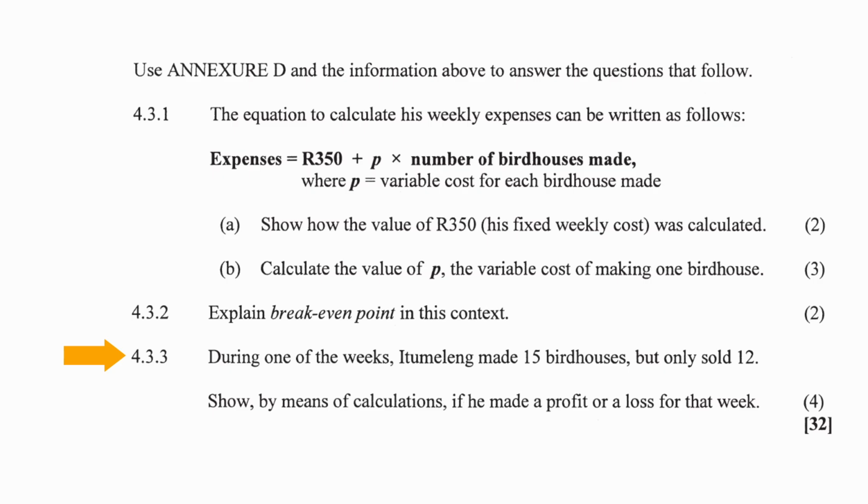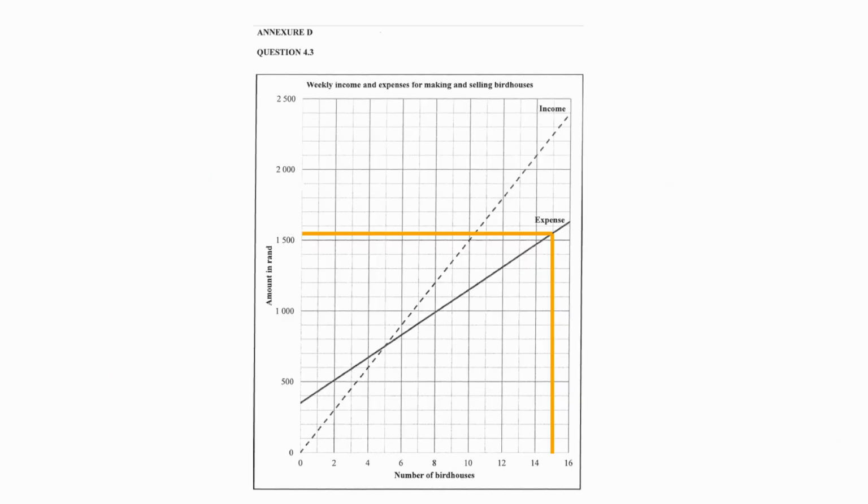In question 4.3.3, it is stated that during one of the weeks, Itumeleng made 15 birdhouses but only sold 12. You're instructed to show by means of calculations if he made a profit or a loss that week. Using the graph on Annexure D, for the 15 birdhouses he made, his expenses for the week can be read off as 1,550.